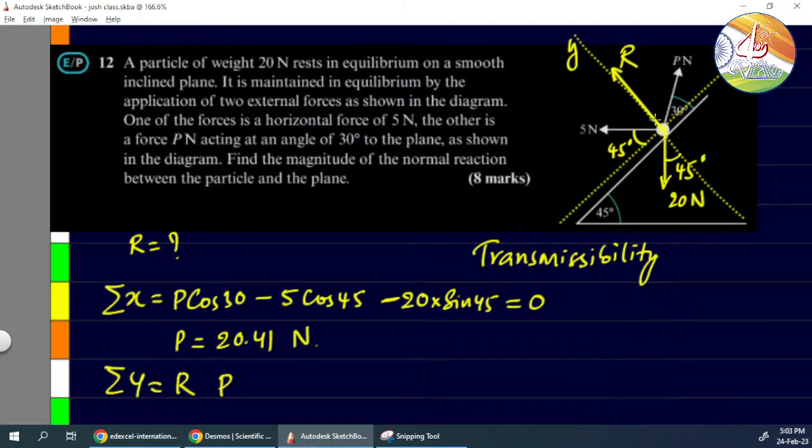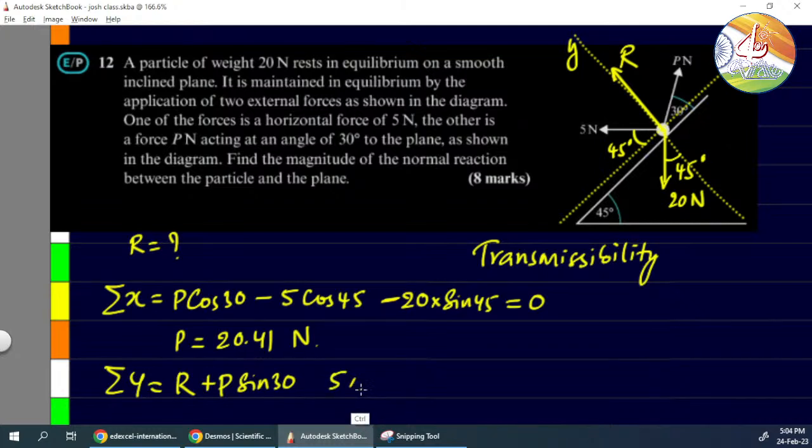We are going opposite, right? So it will be sine. So P sine 30. Positive or negative? It will be positive. Positive, good.